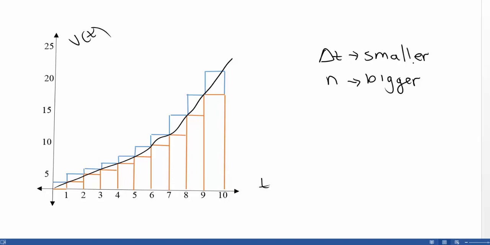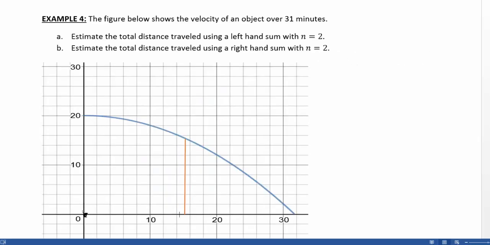So far we've been using tables, but let's take a step back and do a couple of examples and see how we apply this using our n, our delta t, and our estimate techniques. Example 4. The figure below shows the velocity of an object over 31 minutes. So remember, velocity is a rate and 31 minutes is a time.